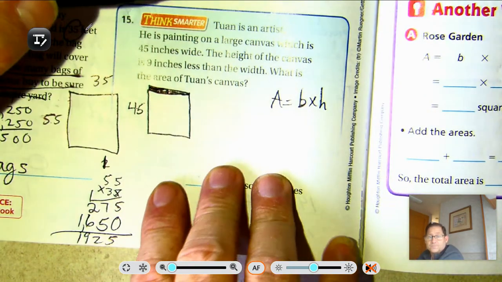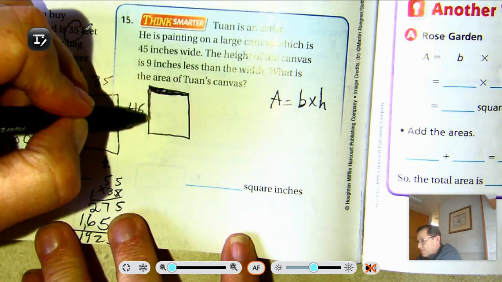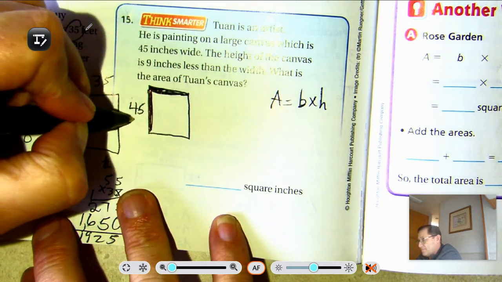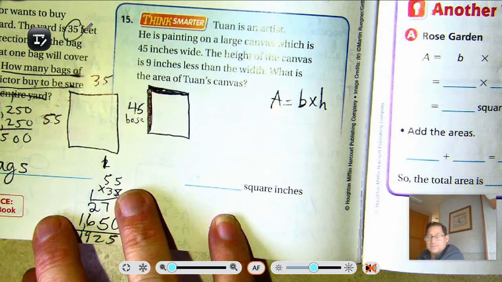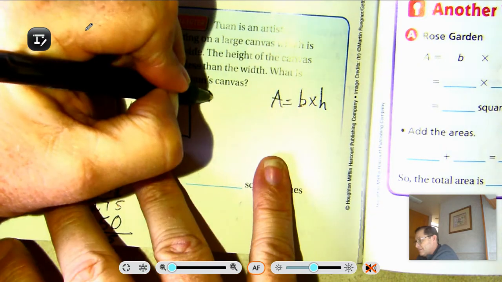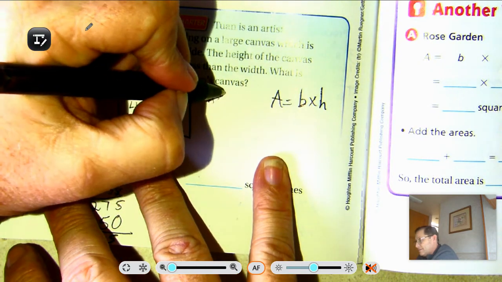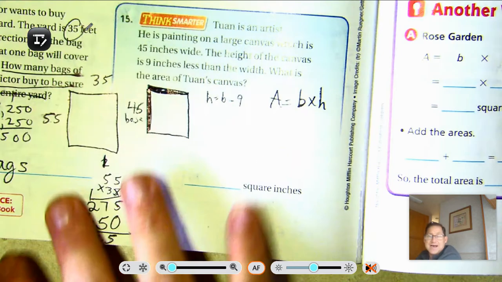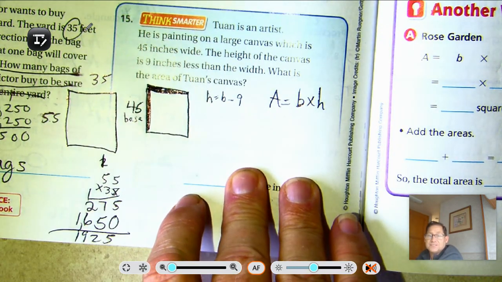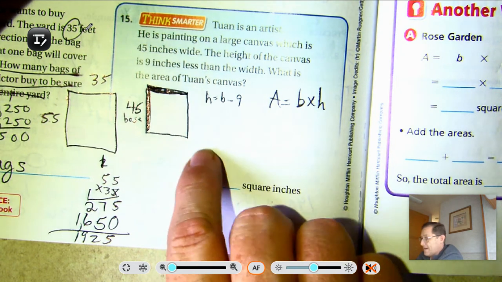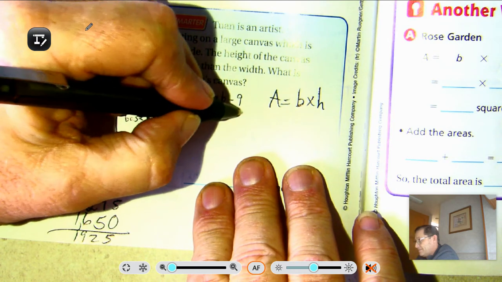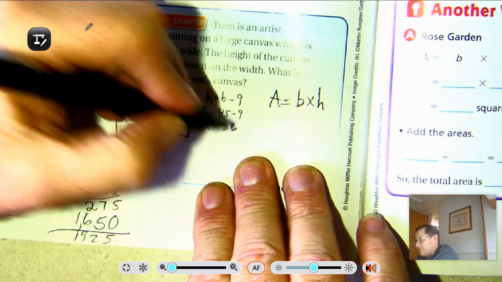So this part that I've designated as the width is actually the base. So 45 equals the base. The height of the canvas is 9 inches less than the width. So the height is the base minus 9. The base was 45. So the height is 36.